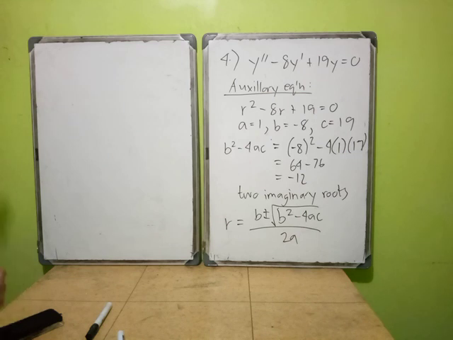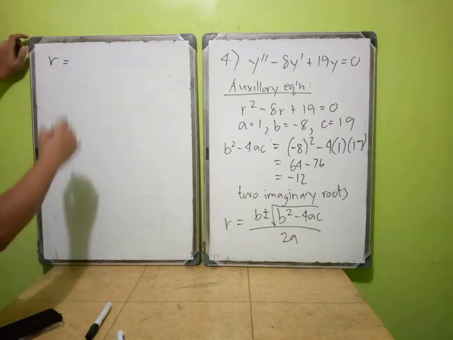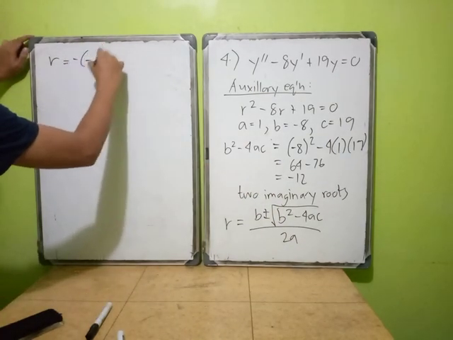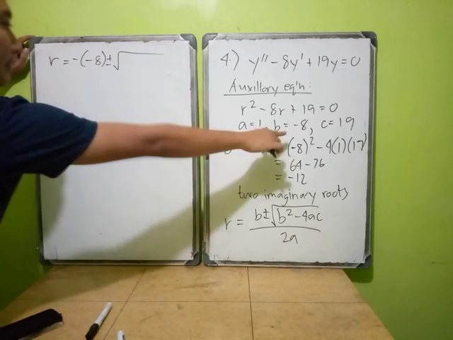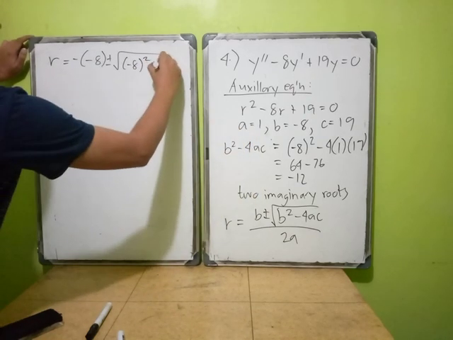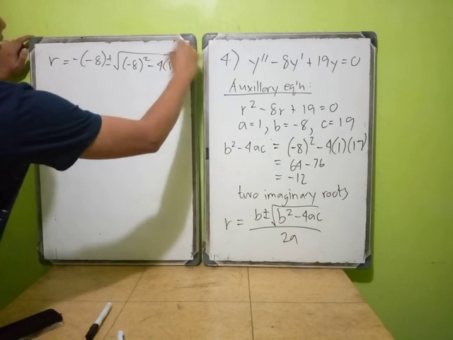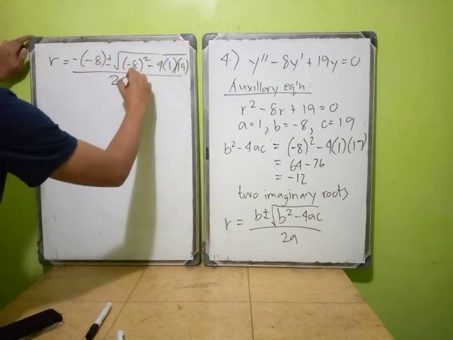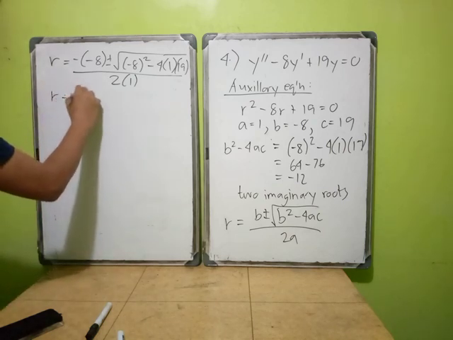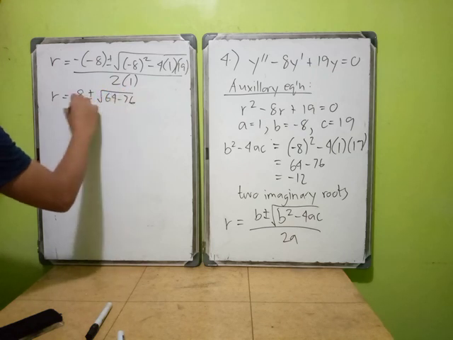We have r equal to negative of negative 8 plus or minus the square root of negative 8 squared minus 4 times 1 times 19, over 2 times 1. So r is 8 plus or minus the square root of 64 minus 76, over 2.